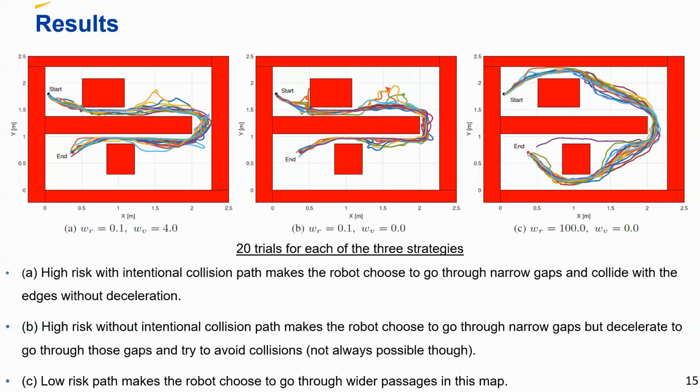The low-risk path makes the robot choose to go through wider passes in the map and decelerate to make sure that it goes through those passes without collision.